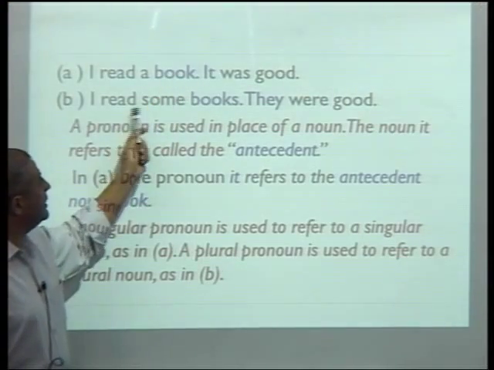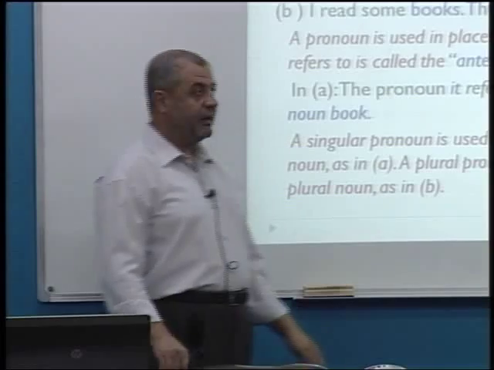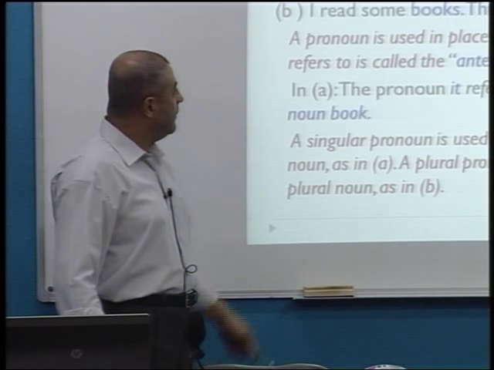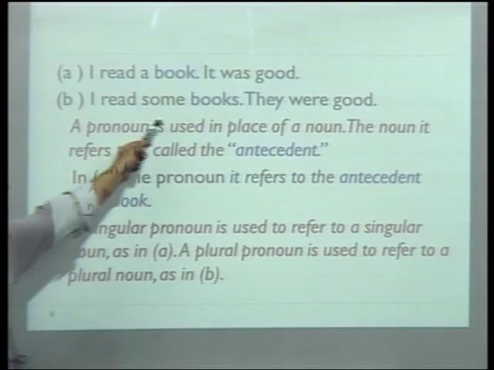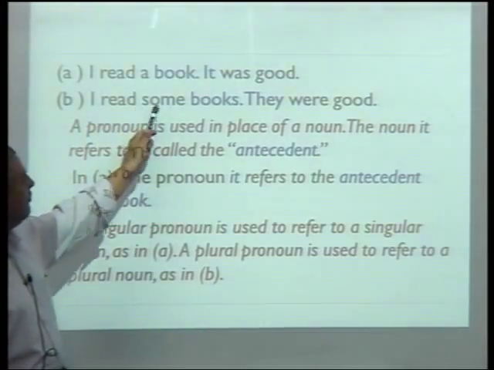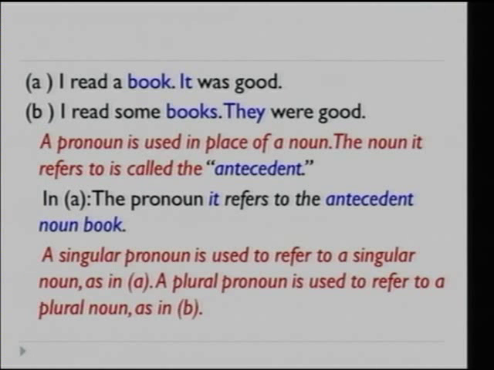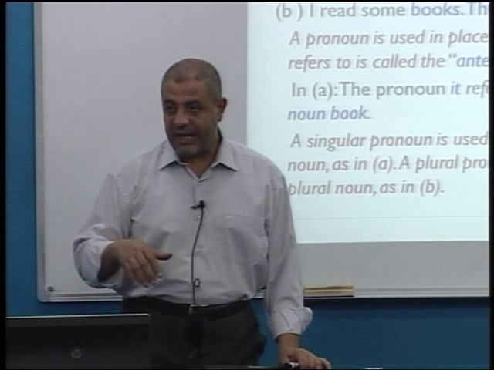Look, I read some books. They were good. Now, a pronoun is used instead of what? Instead of repeating. I read some books. The books were. So I don't repeat. Repetition should be avoided in writing. Now, I use a pronoun instead of the noun.